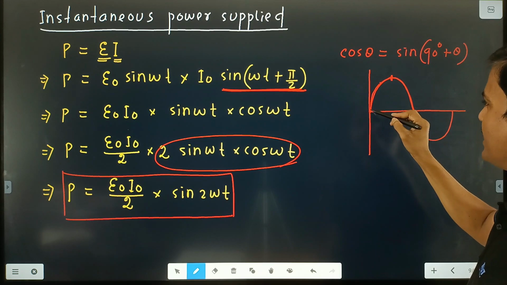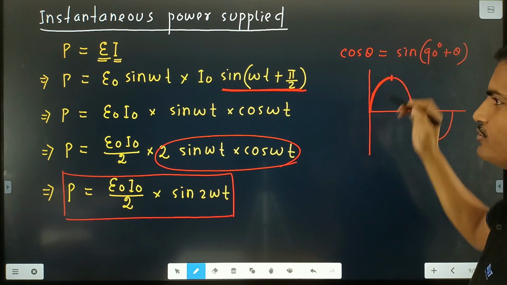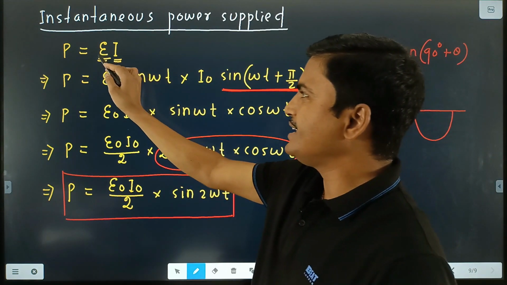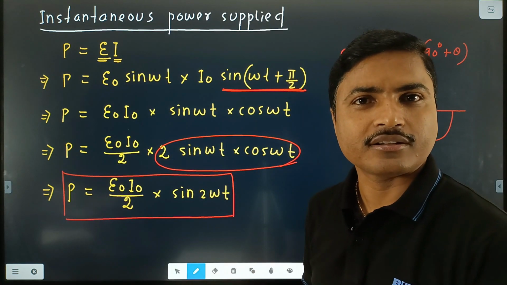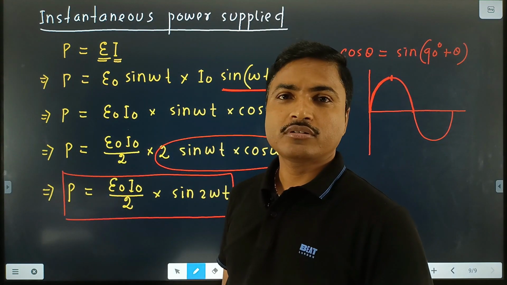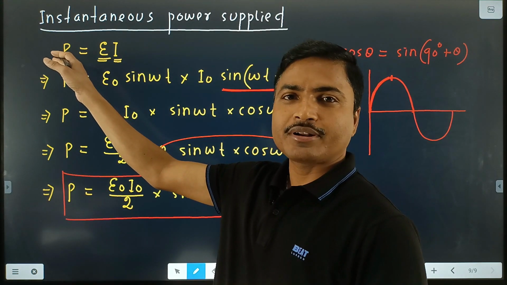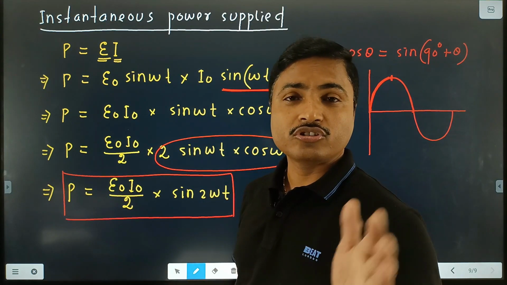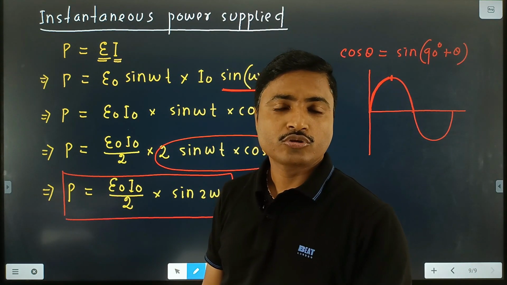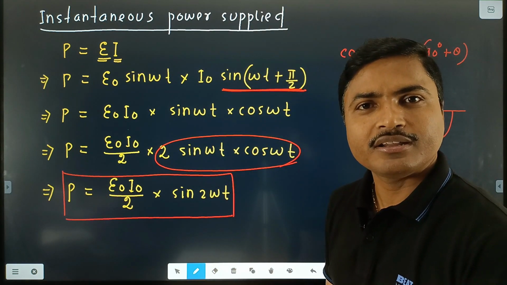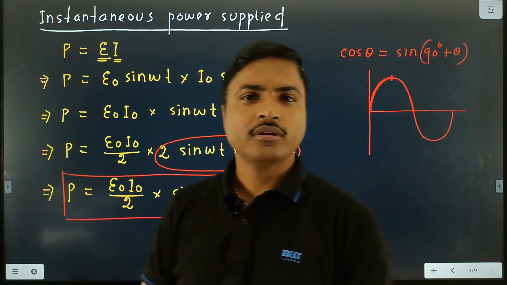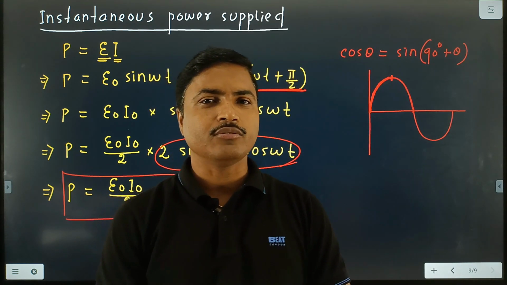If the magnitude of EMF or current is gradually changed, then E and I both are not constant. That means the power consumed is also not constant, and that is the instantaneous power consumed, the power consumed at any instant of time. So power consumed is a variable quantity, and in case of a variable we calculate its average value.